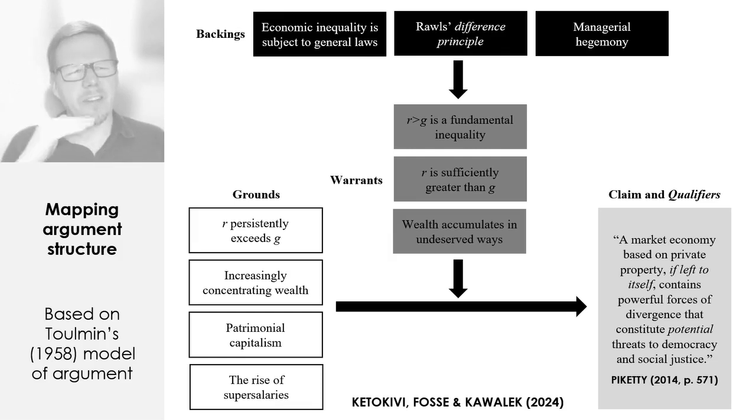So this is kind of the bedrock of the argument, the intellectual foundation. The notion that economic inequality is subject to general laws, Rawls's difference principle, and the notion of managerial hegemony, they give Piketty kind of the ultimate justification for using the warrants that he does.